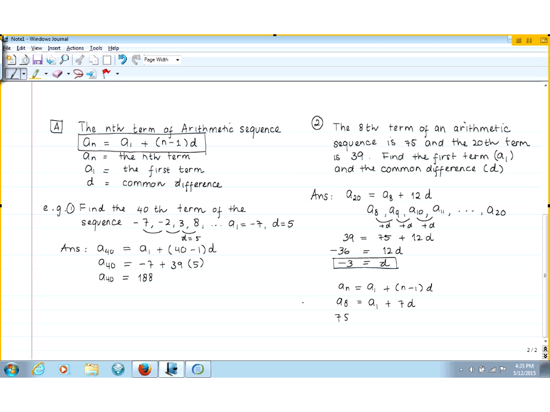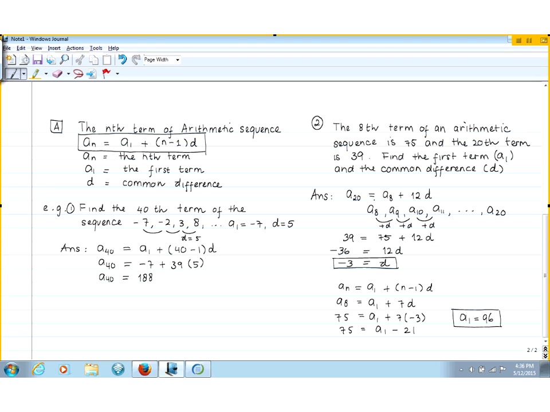So A8 is 75, is equal to A1, we don't know what A1 is, plus 7 times negative 3. So 75 is equal to A1 minus 21, right? Now we add 21 to both sides, and A1 will be equal to 96. Okay?